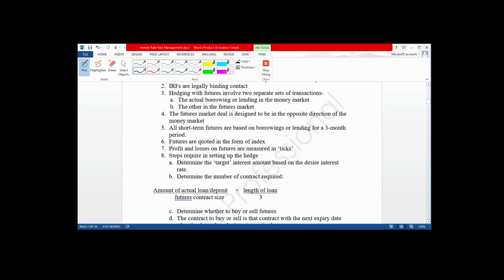Step number 3, determine whether to buy or sell futures. Don't forget, borrower sell futures, lender buy futures.